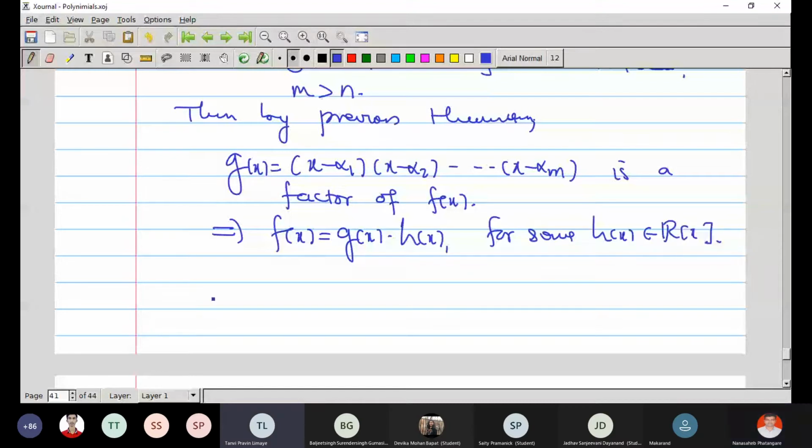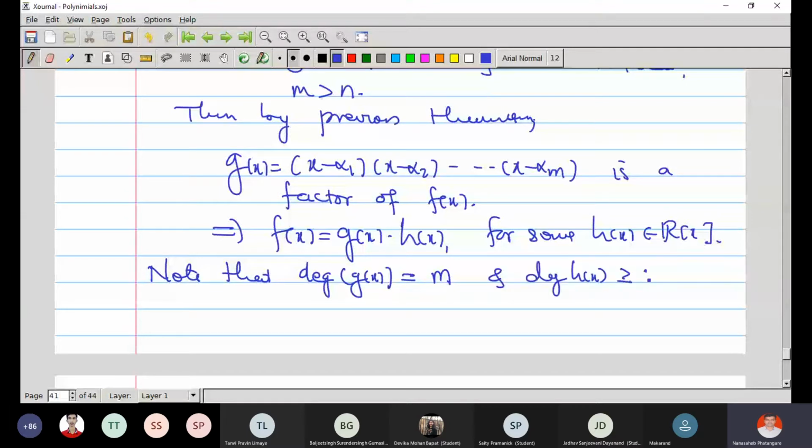Now note that the degree of g(x) is m, and the degree of h(x) is greater than or equal to 0. It may be 0 or greater, so it doesn't matter.